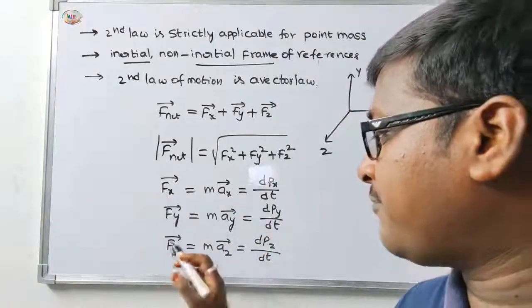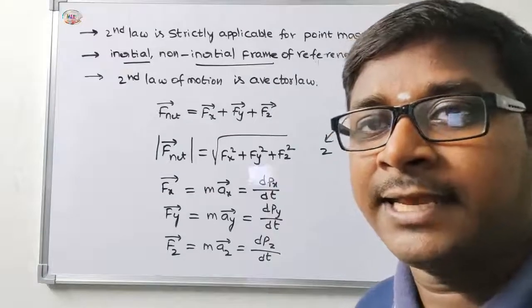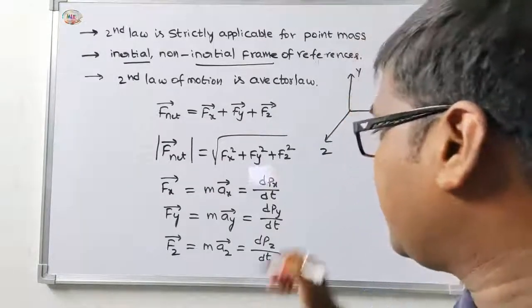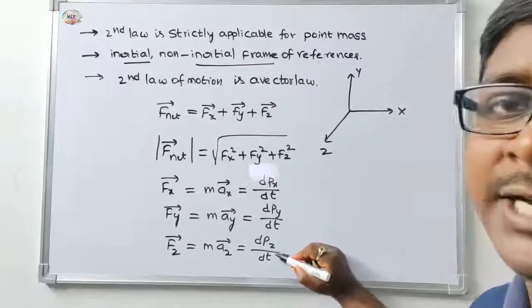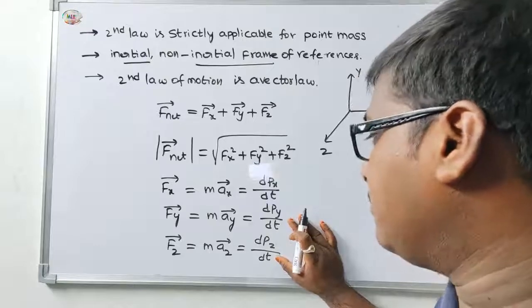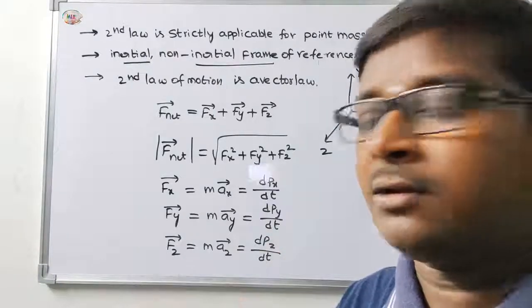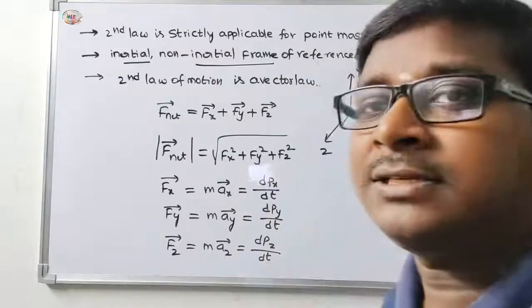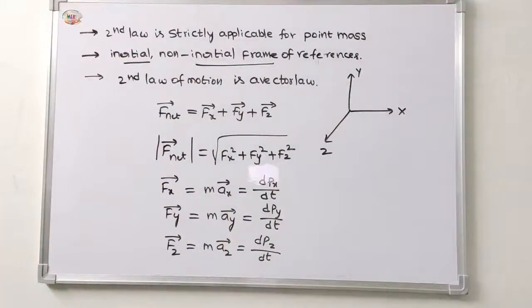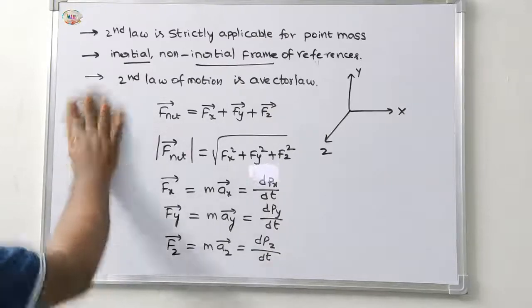Fx, Fy and Fz are the forces acting along the x, y and z directions respectively. px, py and pz are the linear momenta along the x, y and z directions respectively. This is Newton's second law. Next, we discuss the equations of Newton's second law of motion.